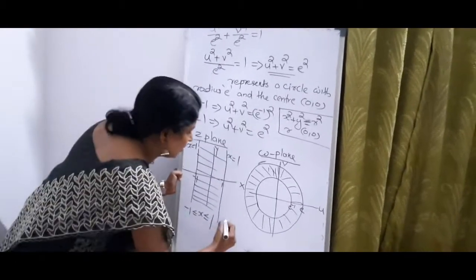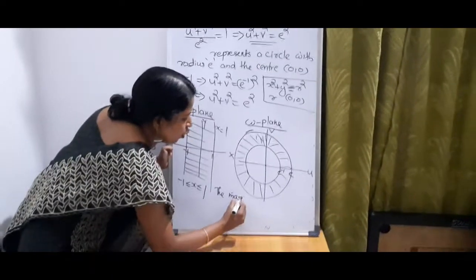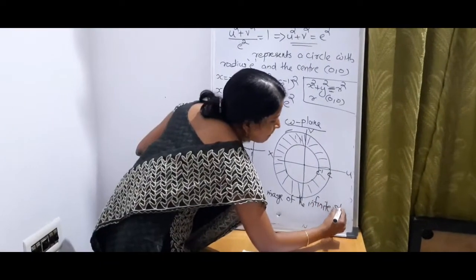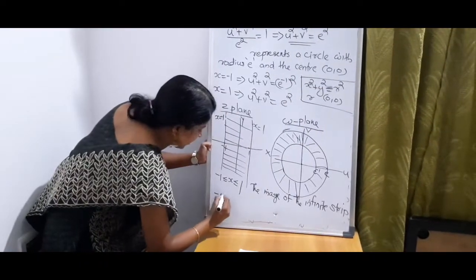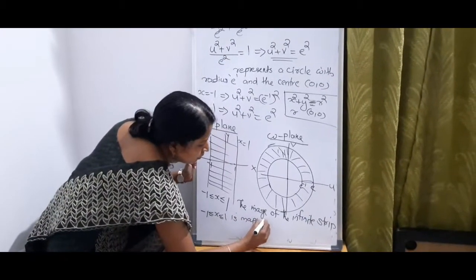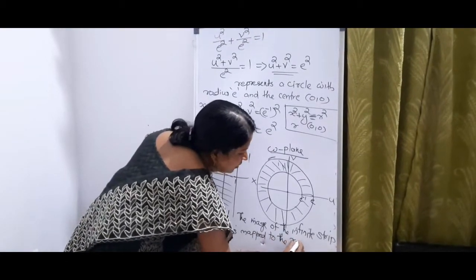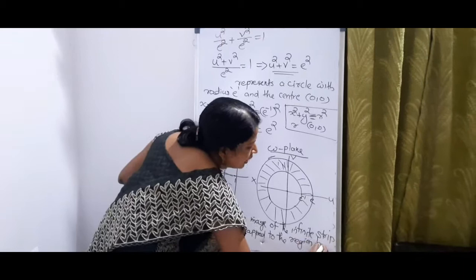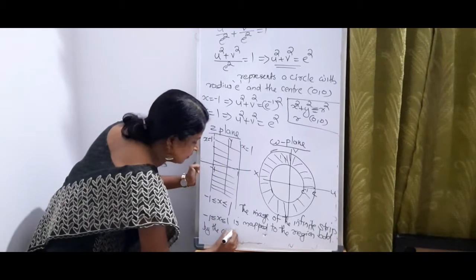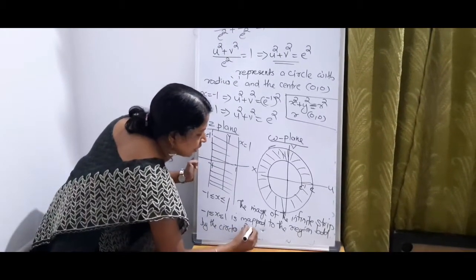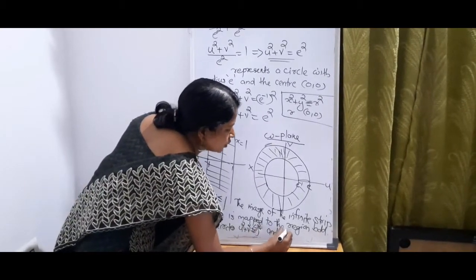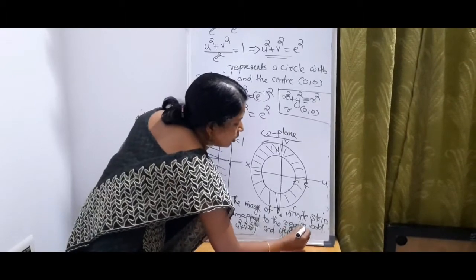That is the image of the infinite strip minus 1 less than or equal to x less than or equal to 1 is mapped to the region bounded by the circles u square plus v square equal to e raised to minus 1 square and u square plus v square equal to e square.